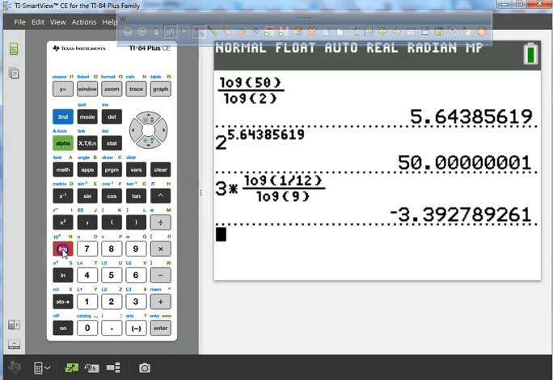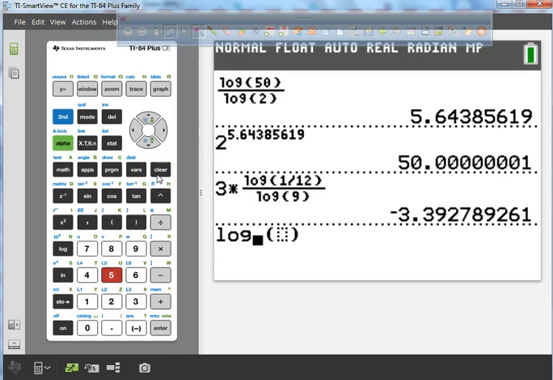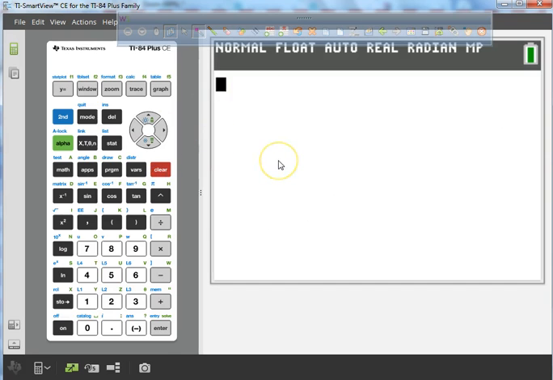What's the only thing you could use? The common log. You couldn't do alpha window number 5. I've been kind of not telling you guys about that because it doesn't help you in life when you have to actually solve it by hand, okay?